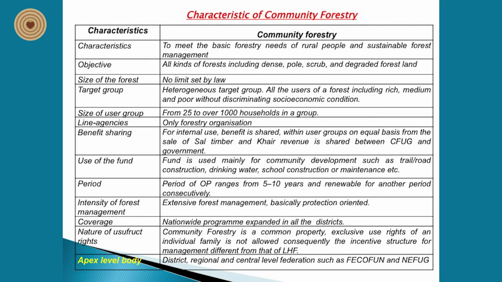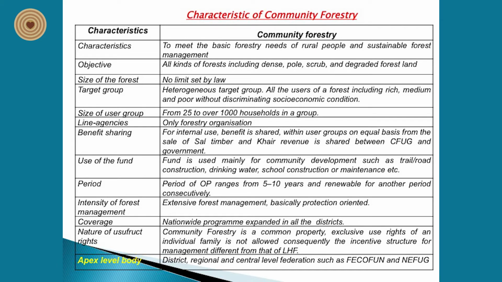Out of them, the characteristics of community forest are to meet the basic forestry needs of rural people and sustainable forest management. The objective of community forest covers all kinds of forest including dense, pole, shrub and degraded forest land. Size of the forest: no limit set by laws and bylaws. Target group: heterogeneous, all the users of the forest including rich, medium and poor without discriminating socio-economic condition.